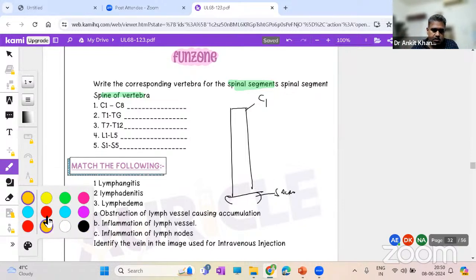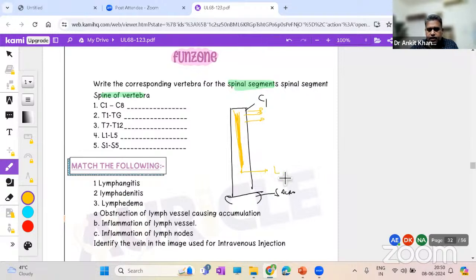Now with this orangish color, these are the nerves which are coming out. The spinal cord will end somewhere over here at the L1 region. This is the spinal cord, and it is ending at the lower L1 or the L1-L2 junction, you can say. So what is actually happening?